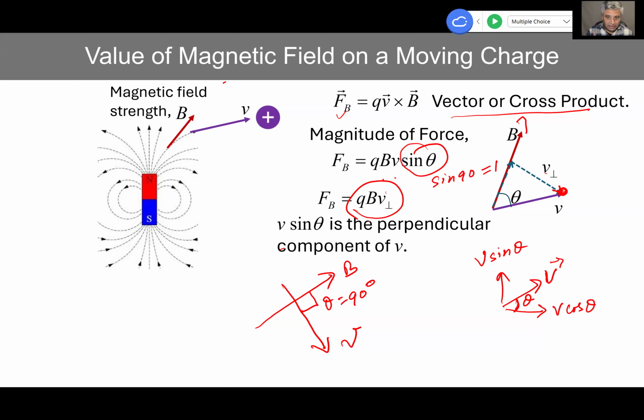It is a special case. It is true only when this V is perpendicular to B. Okay, so that's why this notation is there. So this is the value of the force when V and B are perpendicular, or when the angle between them is 90 degrees. That's what I'm emphasizing here.